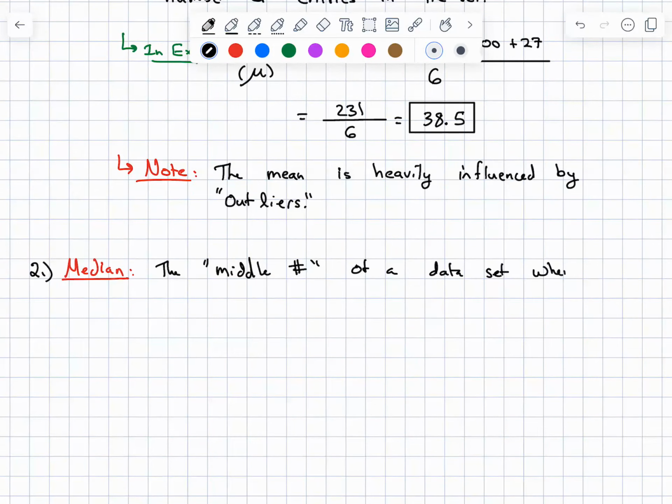When the data entries are lined up, arranged from smallest to largest.